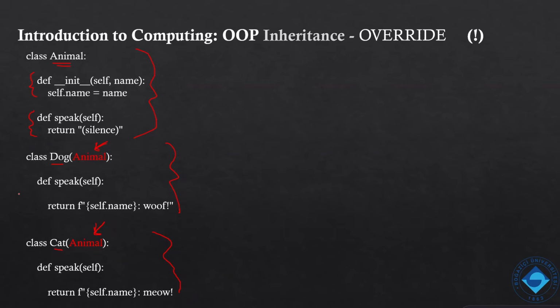But what if I define one more speak function under the subclasses? And if I define one object from dog class like pet, and I call pet.speak, my question is, will it run this speak function under dog or under animal? The answer is it will run the code under dog.